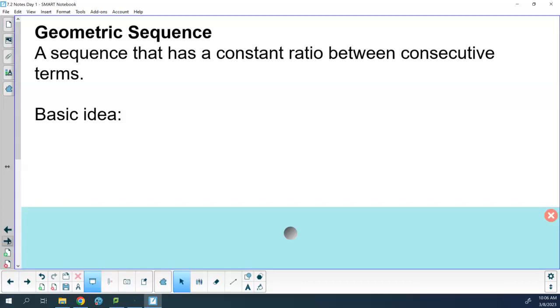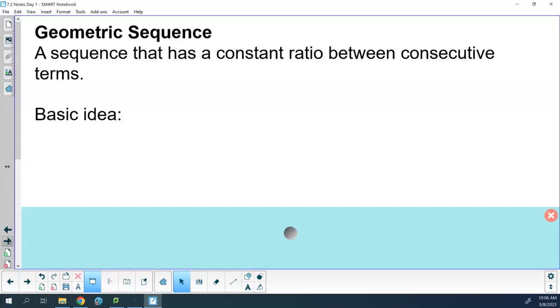Geometric now. A geometric sequence is a sequence that has a constant ratio between the terms. An arithmetic sequence had a constant difference between the terms. So we add ratio now.